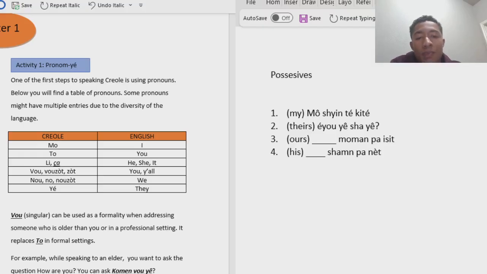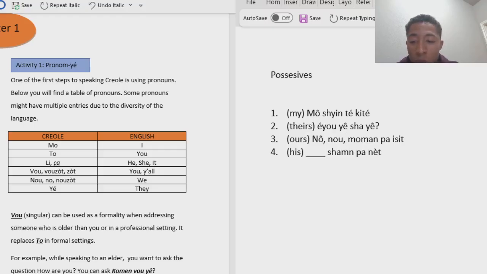Number 3. Blank momo pas ici. Blank mom is not here. Yep, correct. No, with the little hat, or nu. Now, Mac, if you do nu, you don't have to put that hat on the O. You just spell it N-O-U without the hat.